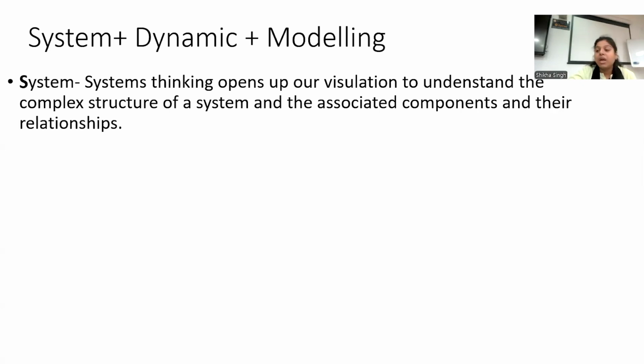So this is how we have to understand how things are happening in systems. Now, system dynamic modeling. Though by now we have talked much about systems, to recap once again, systems thinking opens up our visualization to understand the exact location of a particular subsystem or a particular component.